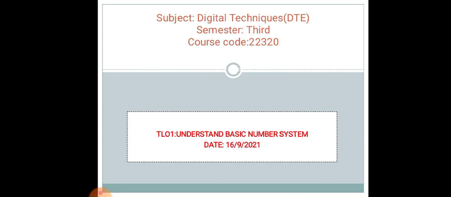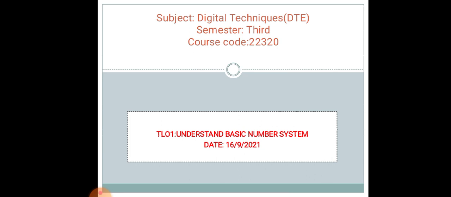So the machine understands only machine level language, and in this digital technique we learn regarding hardware parts of the computer and how the conversion is done for the system, right?